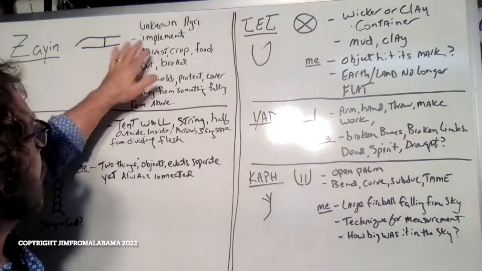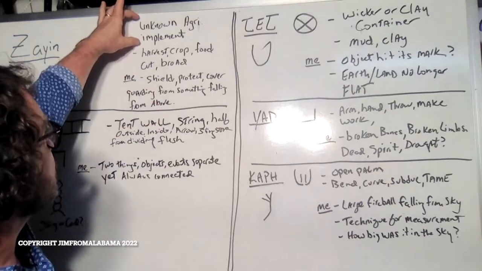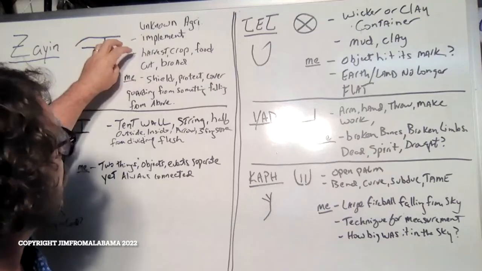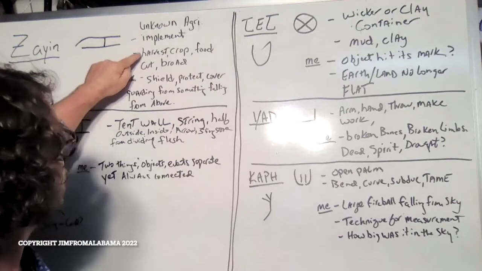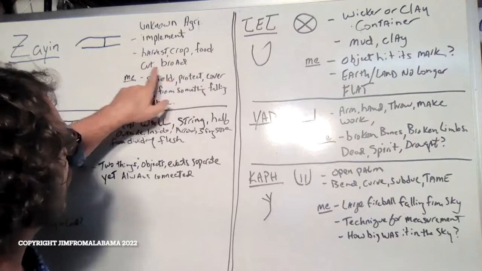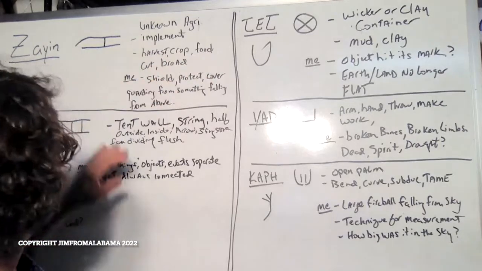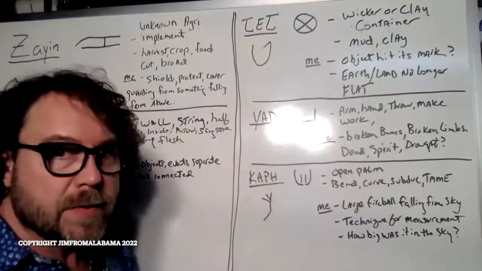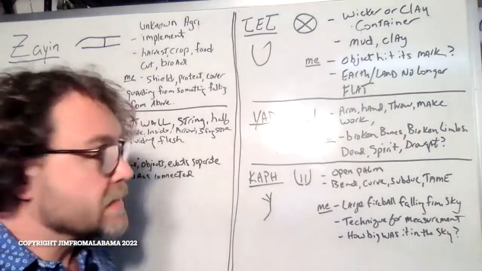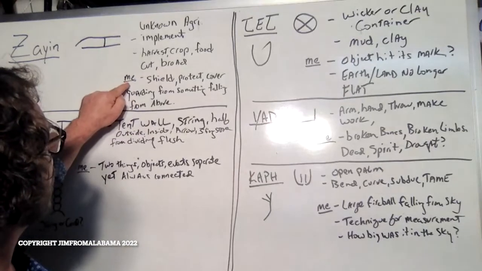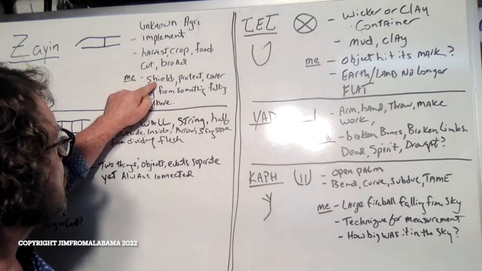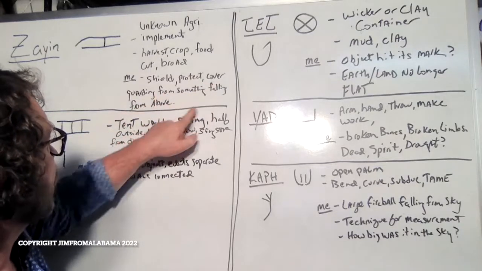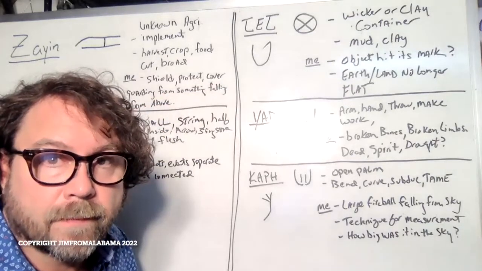Now, Mr. Bender says this is some kind of unknown agricultural implement, so the associated definitions for this would be harvest, crop, food, cut, broad. With me thinking it's somebody trying to protect themselves from something falling from the sky, I added these definitions: shield, protect, cover, guarding from something falling from above.